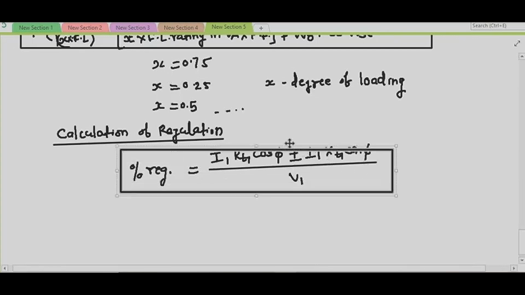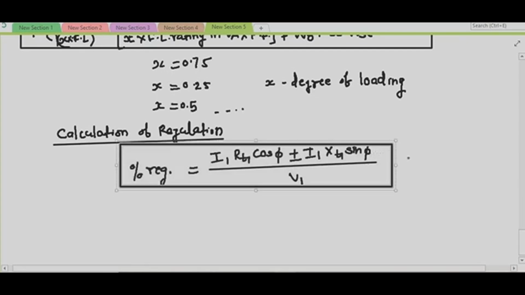And students, in this way we can use combinedly the data which is obtained from the OC and SC tests performed on the transformer to calculate the efficiency and regulation of the transformer, right?